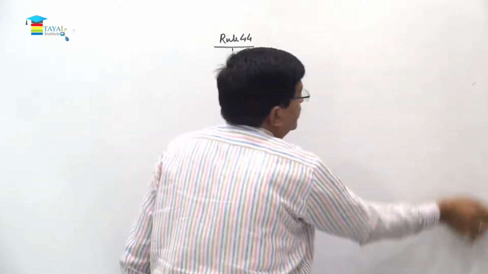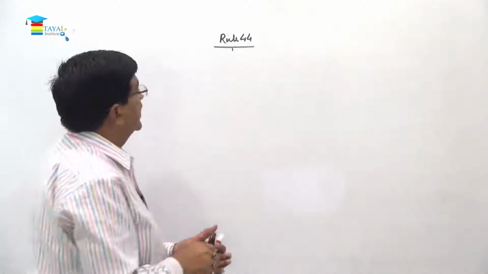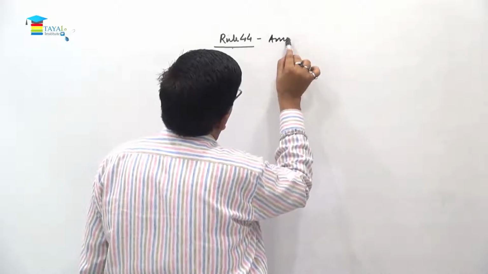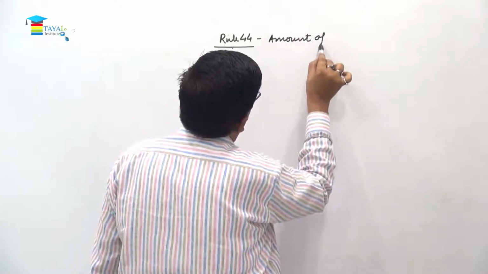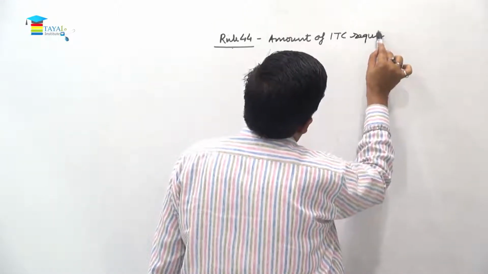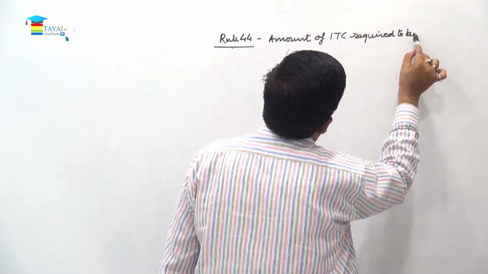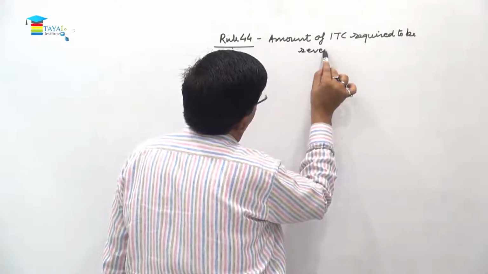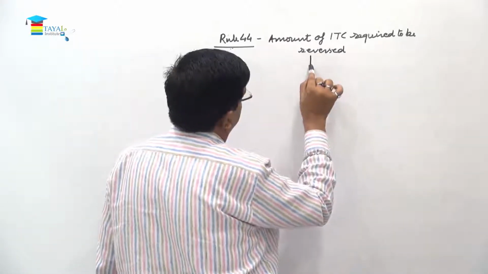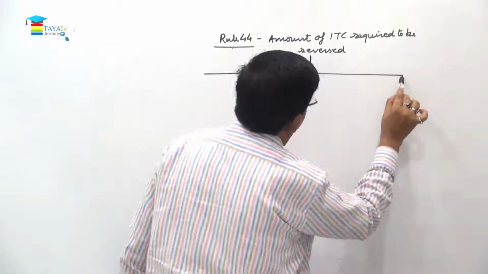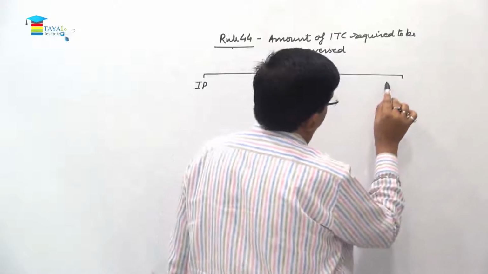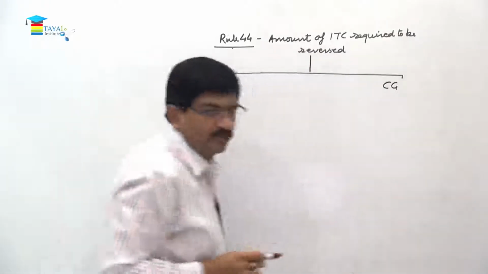You can add further, you can write another once again, rule number 44, this is saying amount of input tax credit required to be reversed, in relation to inputs and in relation to capital goods.